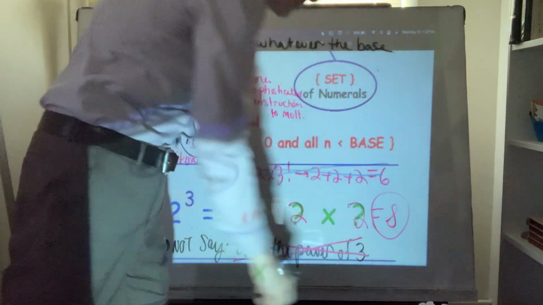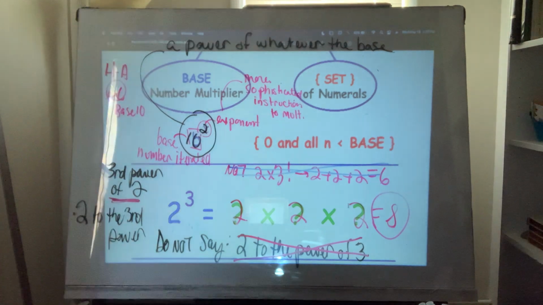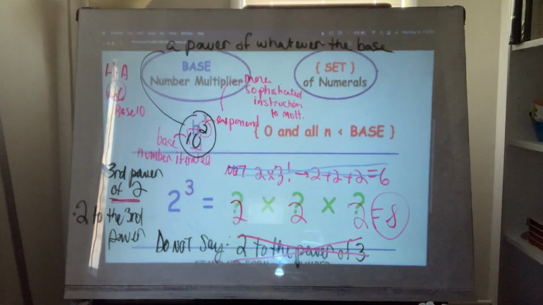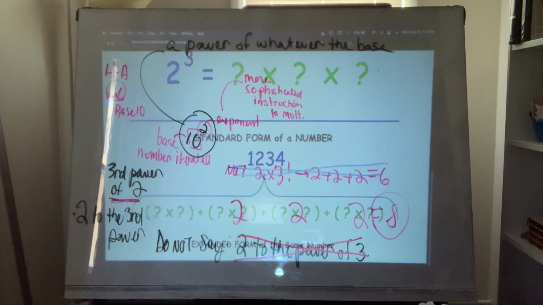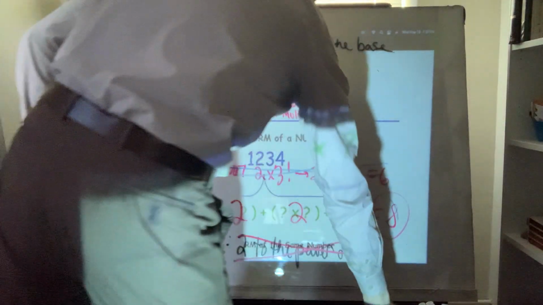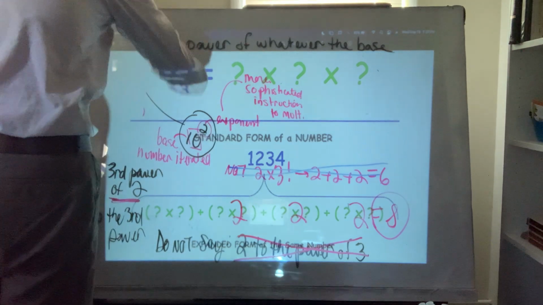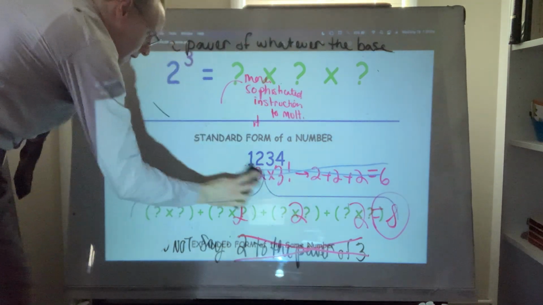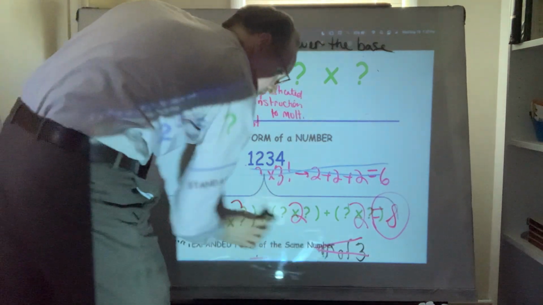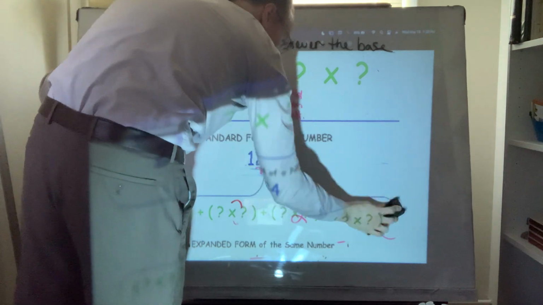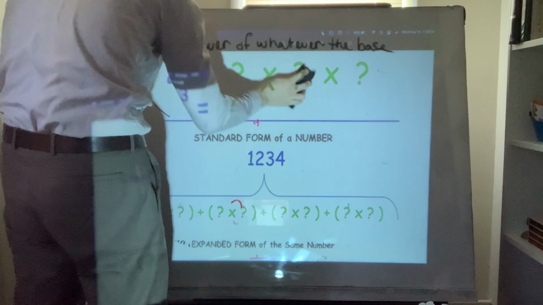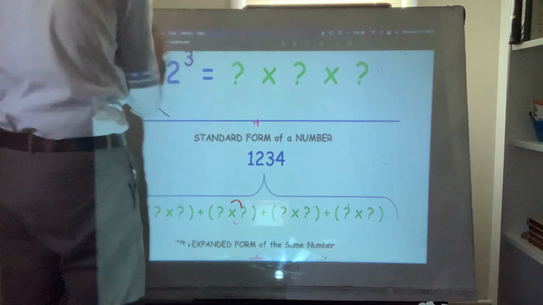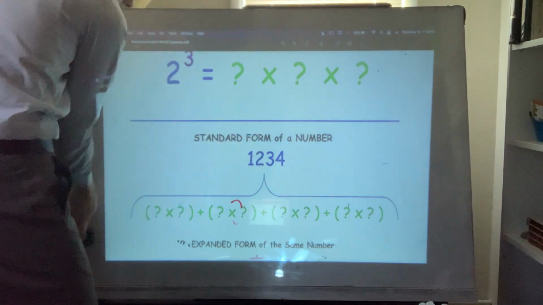Okay? All right, now, another bit of review here. There's a standard form of a number, and then there's an expanded form. We don't want to do it wrong, so let's talk about it.